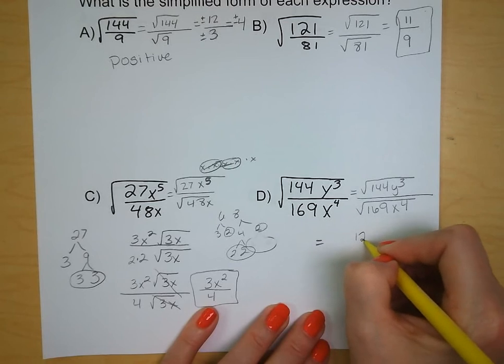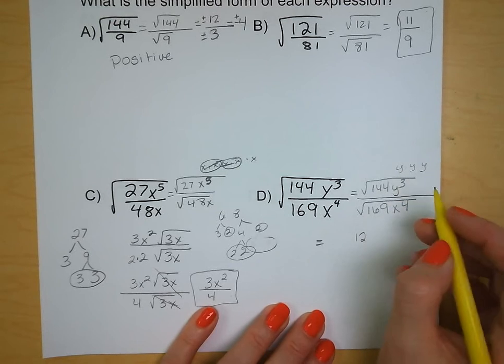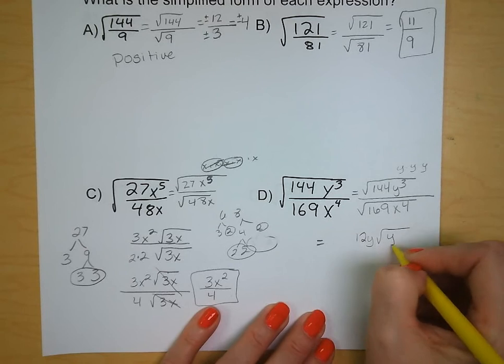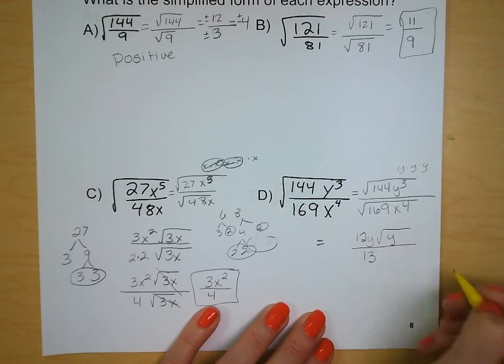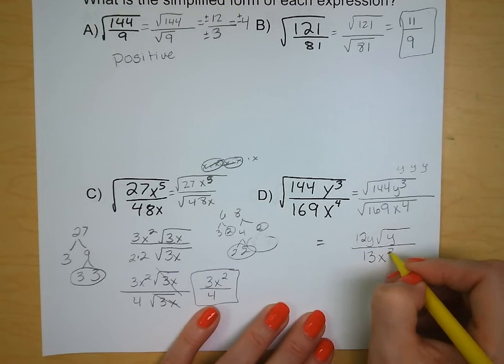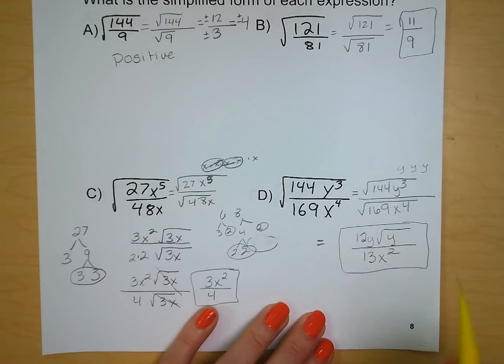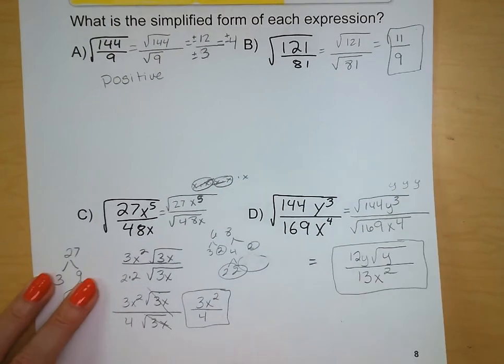And we've got y cubed, so we can take one y out, and we'll be left with a y on the inside. So square root of y over 169, another perfect square, 13. x to the 4th, perfect square is x squared. And that is our simplified form. Our variables are different, so we can't do any simplifying with them.